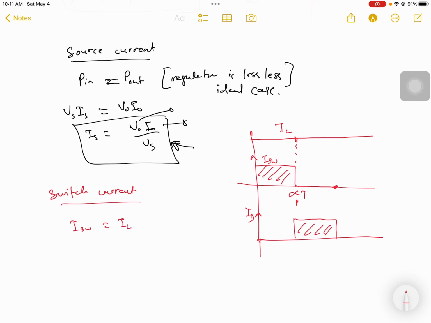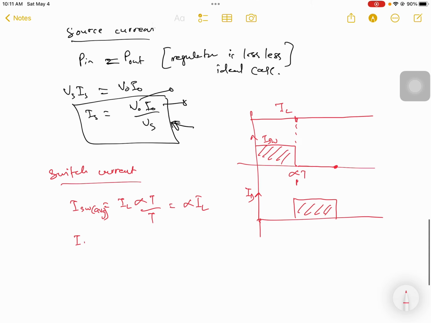Which means that when S is turned on, we have this IL, and it's conducting for alpha T. Now we have to calculate the average. If you calculate the ISW average for this square wave, you will get alpha T by T times IL, which is equal to alpha IL. And if you calculate the switch current RMS, ISW RMS, it will be IL root alpha.